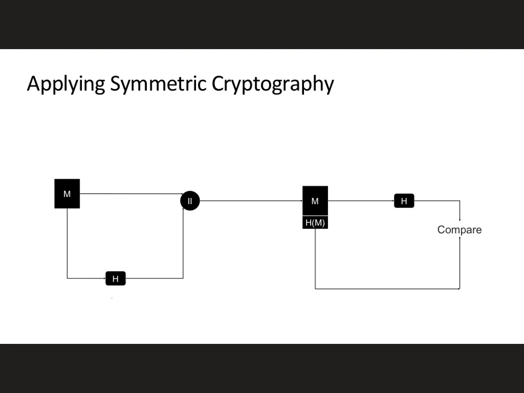We can apply encryption on the computed hash value using the encryption method E with the secret key K. So this is encryption. And then concatenate the message with the encrypted hash. So here it is not the plain hash value. It is the encrypted one.